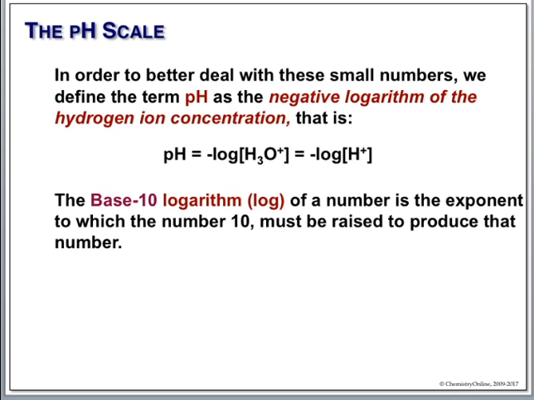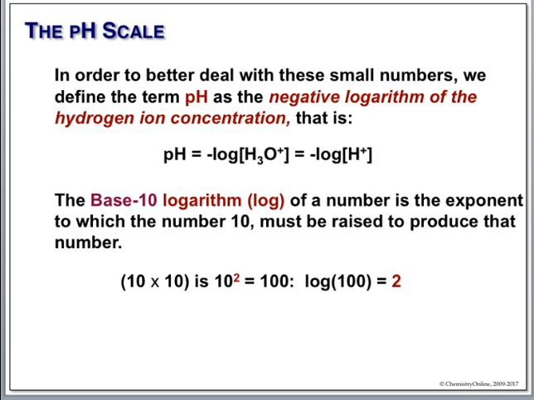Now, this is a log scale. Again, we're putting a minus sign in front. Think about the log scale. If we have 10 times 10, that's 10 squared, right? The logarithm of that is 2. Feed that to your calculator. If you don't have it on, turn it on. Warm it up.